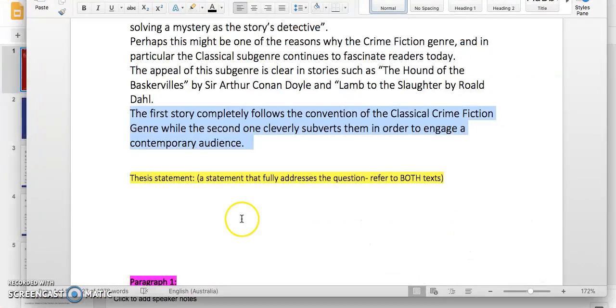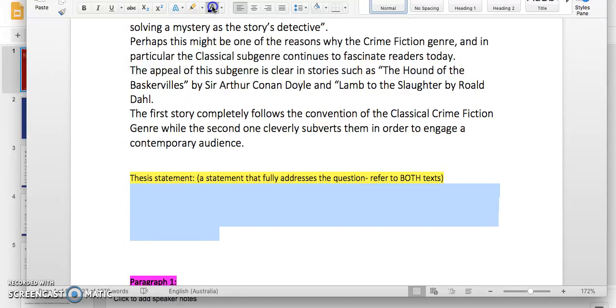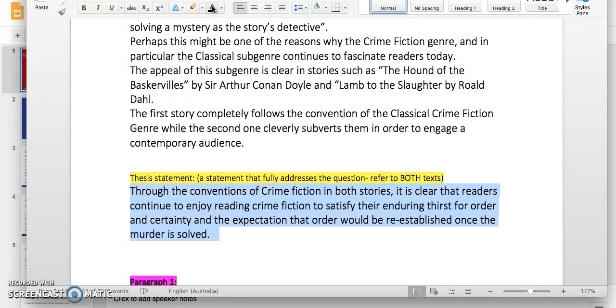Okay, so I'm going to reveal my thesis statement here. It says, through the conventions of crime fiction, in both stories, it is clear that readers continue to enjoy reading crime fiction to satisfy their enduring thirst for order and certainty, and the expectation that order would be reestablished when the murder is solved.